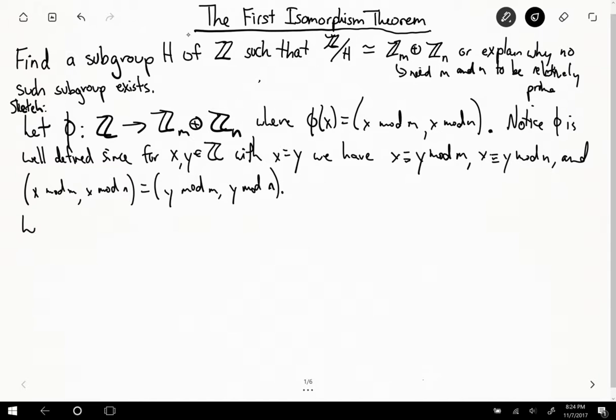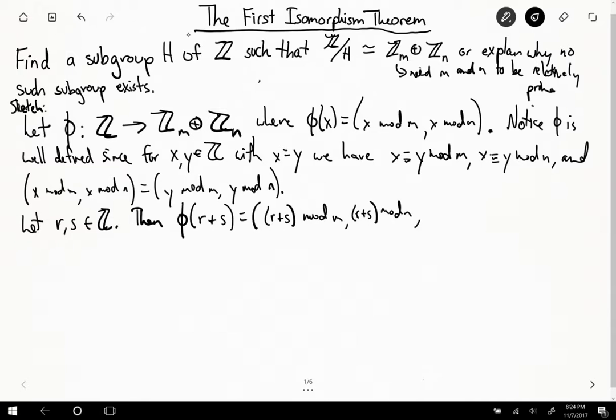So in our homomorphism case, let's say R and S be integers. Then phi of R plus S is equal to R plus S mod M and R plus S mod N. Okay, now moving forward from here, where do we go?